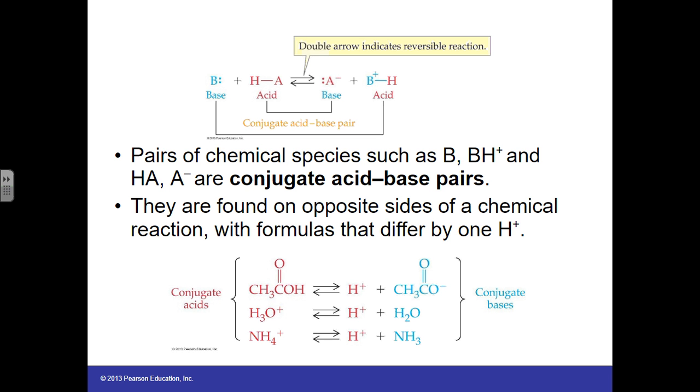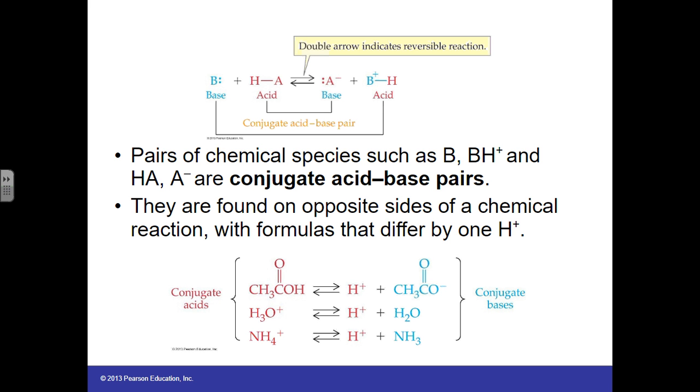Conversely, if it acts as a base on the left, it's going to behave like an acid on the right. There are practice problems to reinforce this concept, but be aware that they have the opposite effect from left to right.